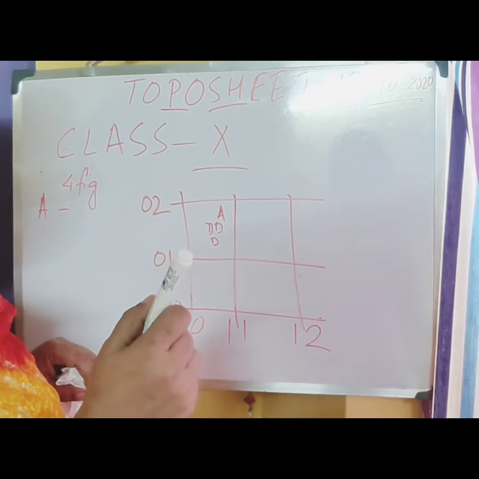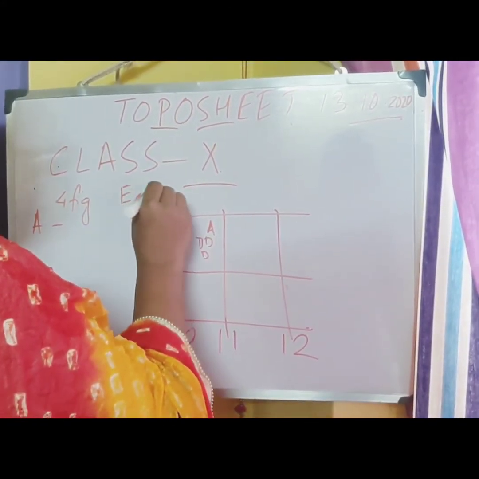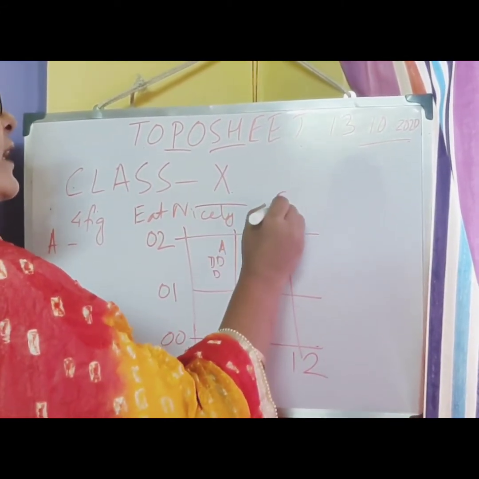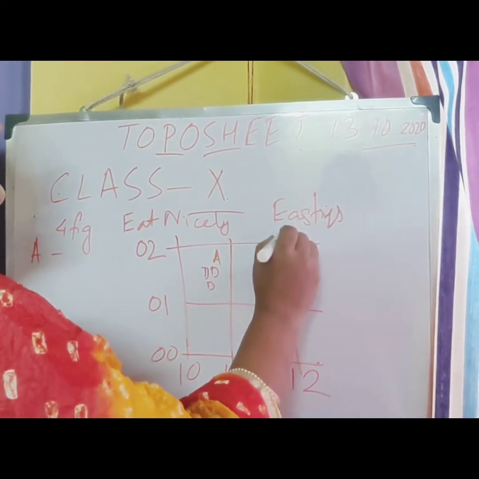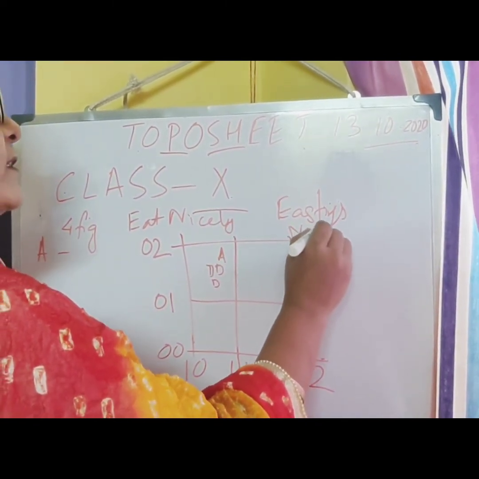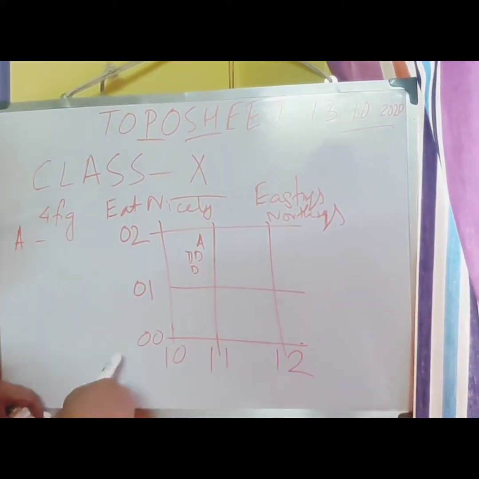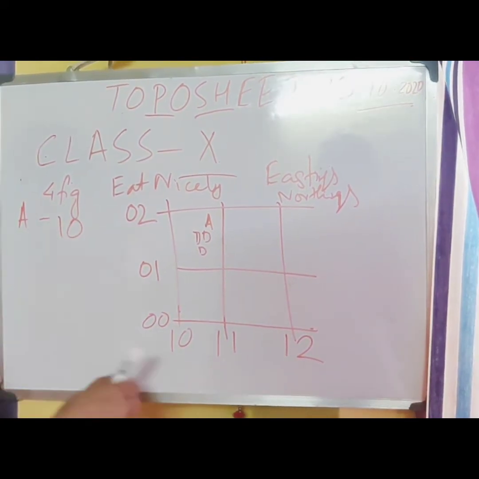So what will be the settlement at A? Remember, I always tell, eat nicely. This is the formula. This is my own formula, where E stands for the eastings and then N stands for the northings. Okay. So you take the value of the eastings first. So A, the value is 10, this value.